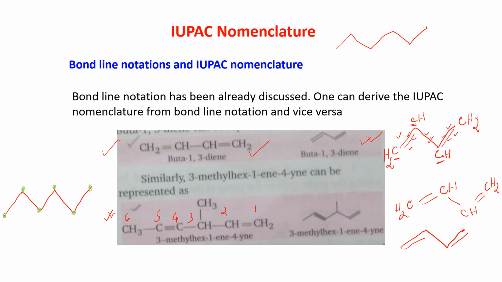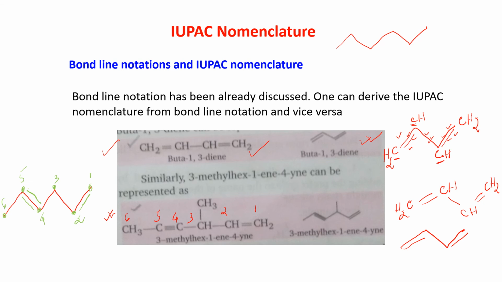Now this is number 1 and this is number 2. This is number 3, this is 4, this is 5, and this is 6. Now between carbon number 1 and carbon number 2, there is a double bond, so here it will be a double bond. And between carbon number 4 and 5, there is a triple bond, so here I am having a triple bond. Okay.